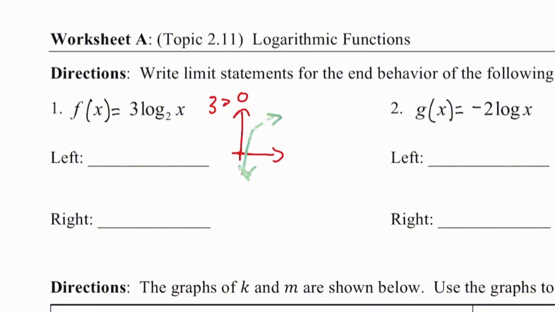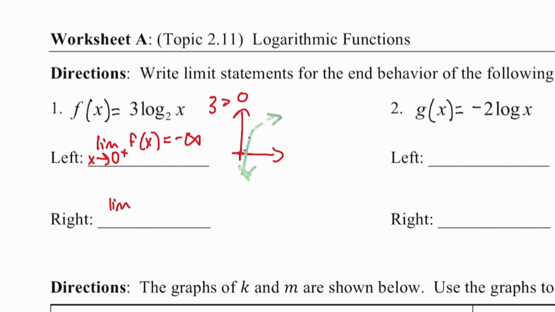So we can write our limits as x. You just have to remember that you're writing it like this. On the left side, it's going to be x approaching 0 from the right. As we get to 0 from the right, we see that y goes to negative infinity.